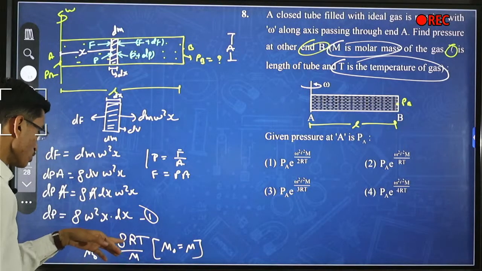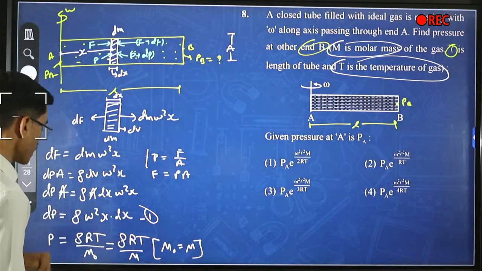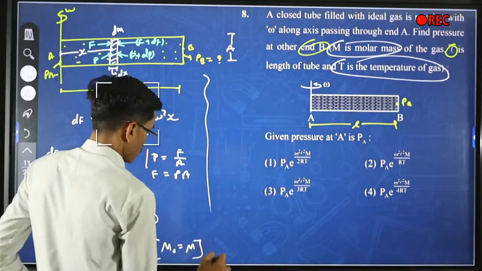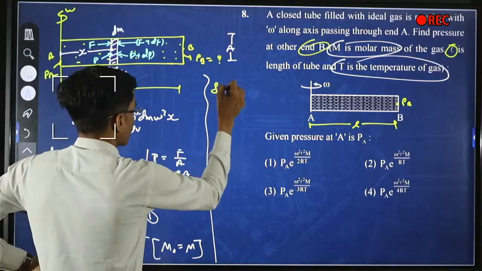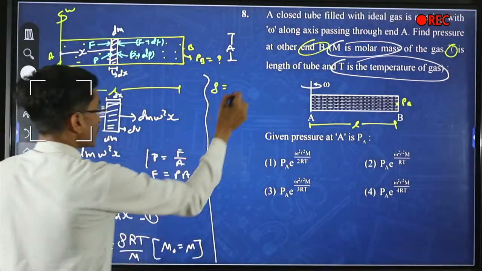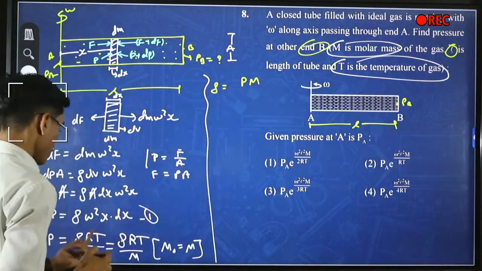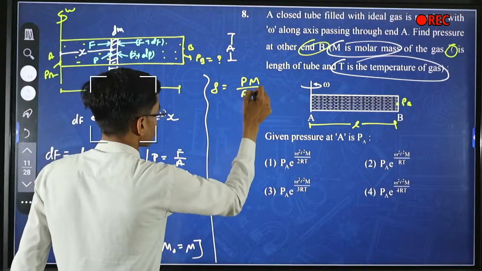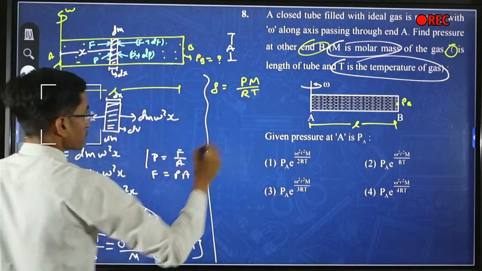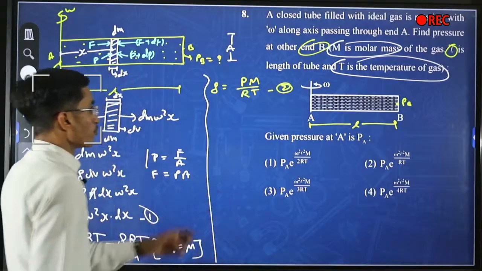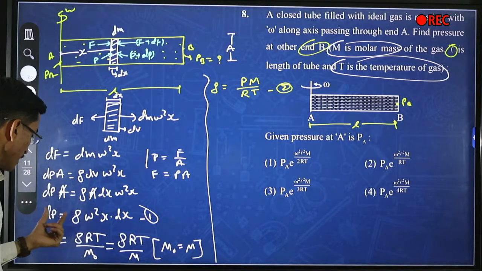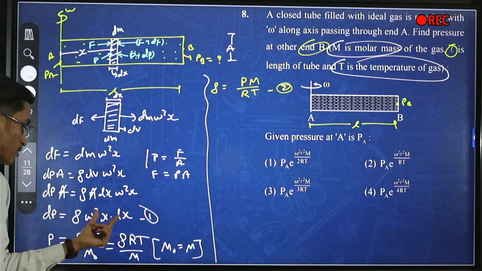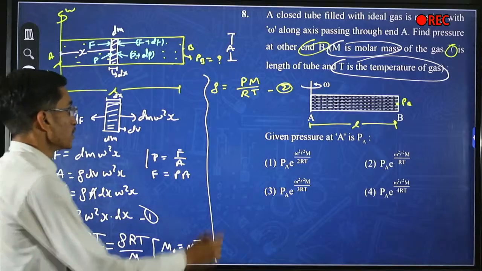Okay. So from this equation, rho can be written as P into M upon RT. Let us call this equation 2. Now put the value of density in equation 1, and we will relate pressure with distance x and dx.